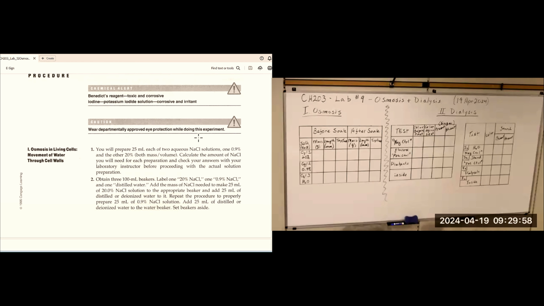Got your bearings yet? No. Okay. You have to make up 3 solutions. Actually, 1 solution is pure distilled water.